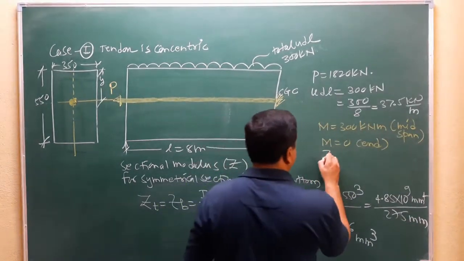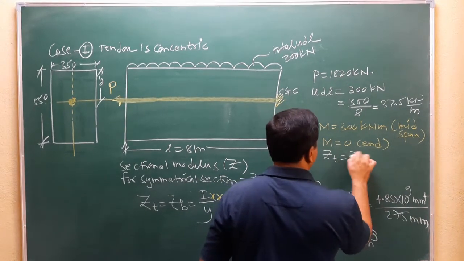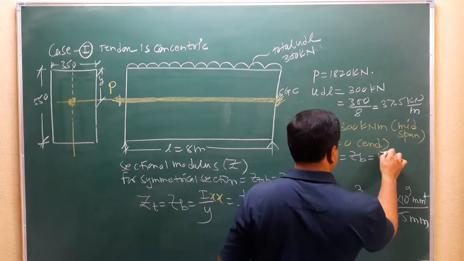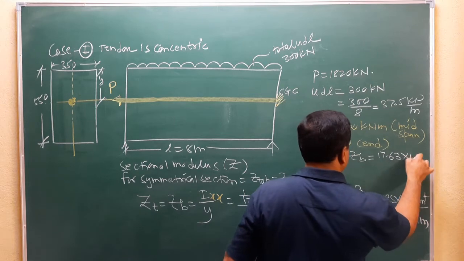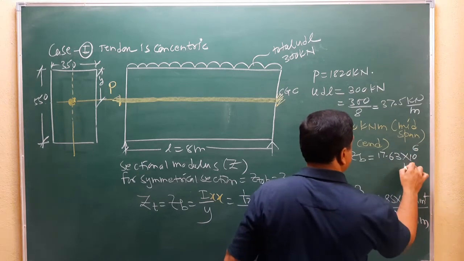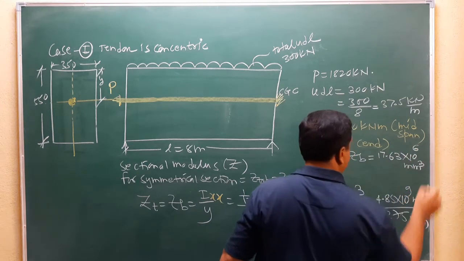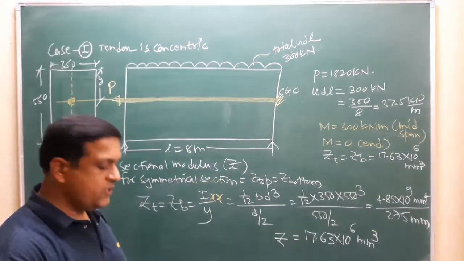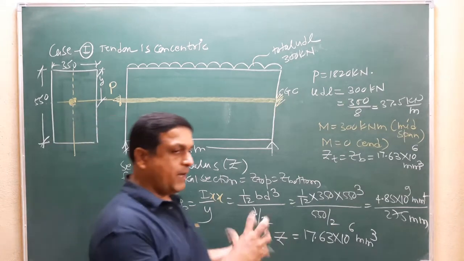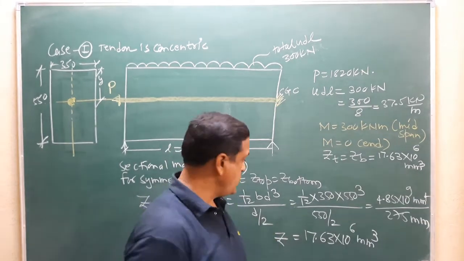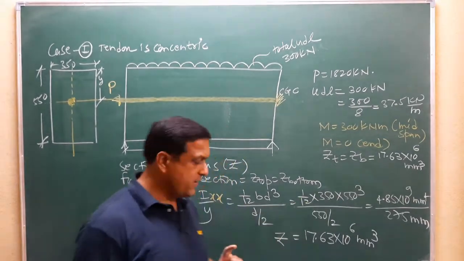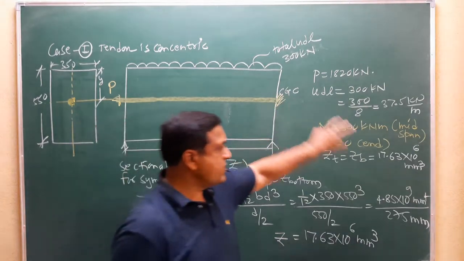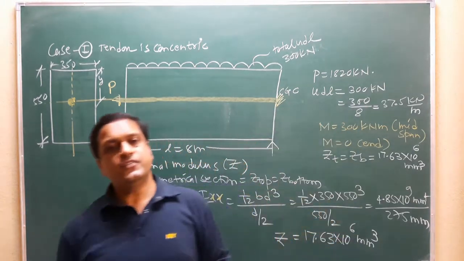So we know the value of Z top and Z bottom is the same, 17.63 into 10 raised to 6 mm cube. These are the terms we require to find the stresses. I by Y we have already calculated, and all these things we have calculated. Now we have to find out the stresses.